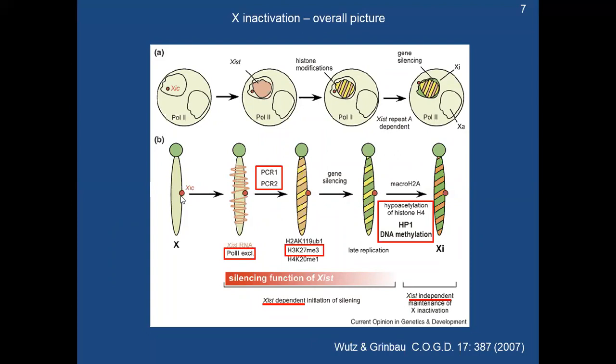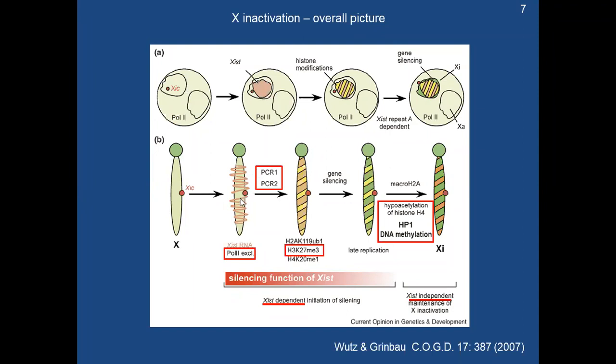When it is transcribed, it acts in cis. It binds to the X chromosome from which it has been transcribed, but it doesn't float around and bind the other X chromosome. If the X inactivation center is active, it is going to produce Xist, and Xist is going to cover the chromosome which is going to become inactive, but it's not going to affect the other X chromosome.